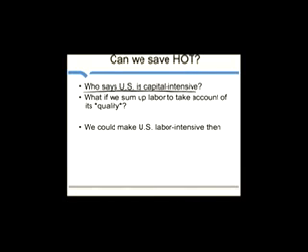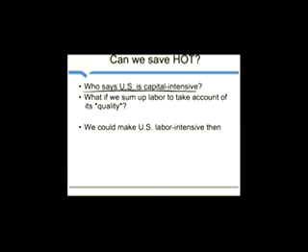You can add up the labor in the United States and you can add up the capital, but what's the natural unit of measurement? You might argue that if the United States has different technologies than other countries, which indeed it does, well, we need to sum up labor in the United States to take account of the quality of labor in the United States, because the quality of labor is augmented by how much capital we have invested.